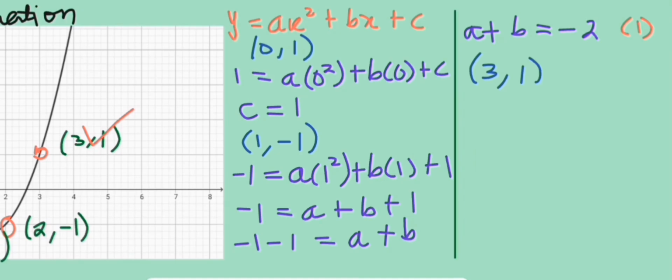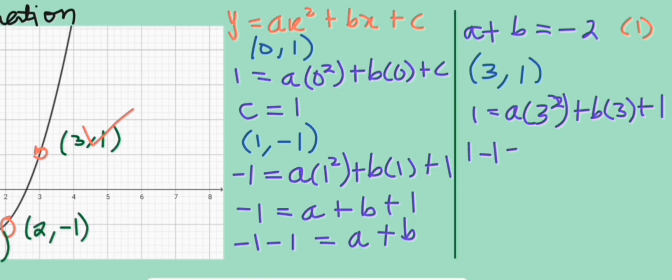while we consider the third point, which is 3, 1. At 3, 1, we have 1 for y equals a times 3 squared plus b times 3 plus c, which is 1. Then subtracting 1, we have 1 minus 1 on the left. 9a as 3 squared is 9, then plus 3b, which means that the equation is 9a plus 3b equals 0.